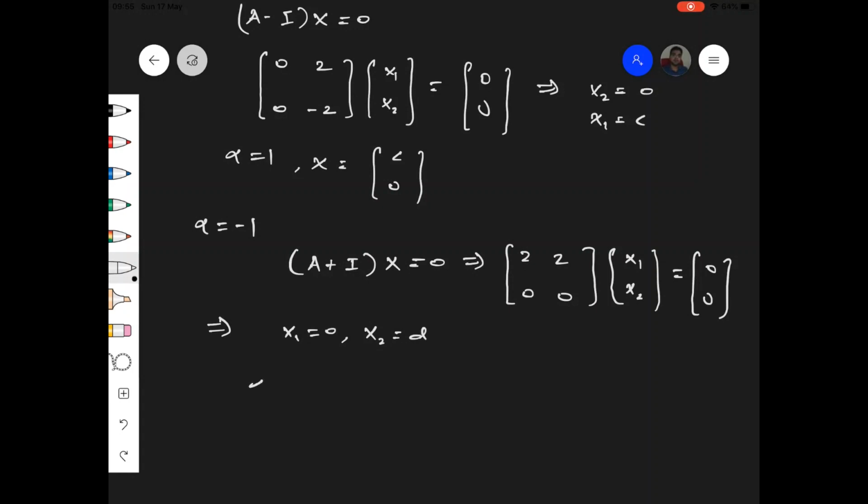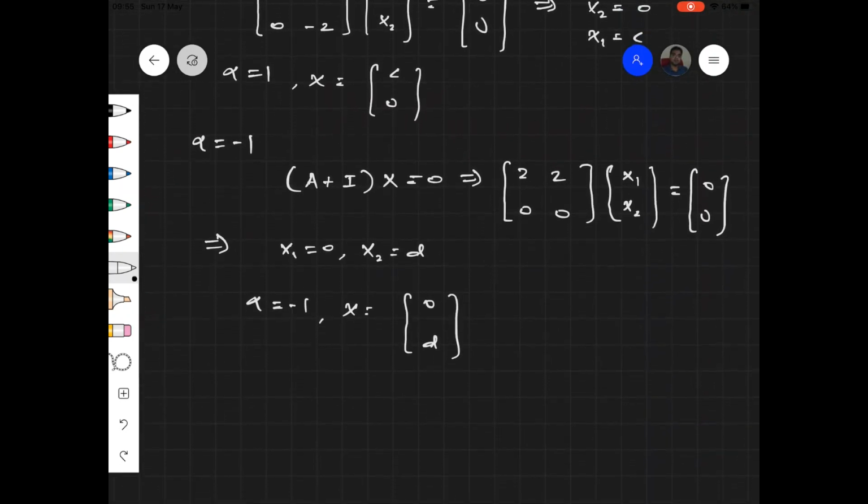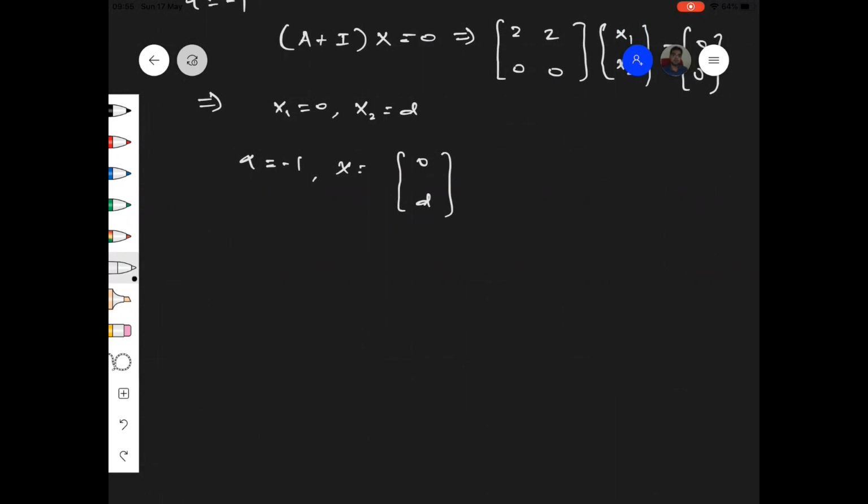So corresponding to eigenvalue alpha equals minus 1, we got the eigenvector (0, d) where d is any real or complex number. So examples could be (0, 1), (0, 2), (0, 3), in general (0, d), and obviously d has to be non-zero. Same for c.